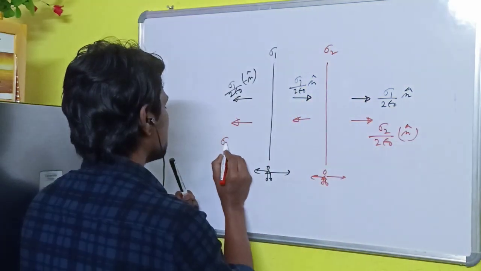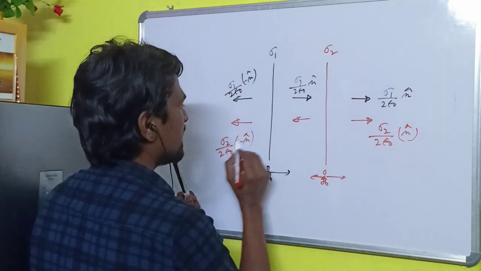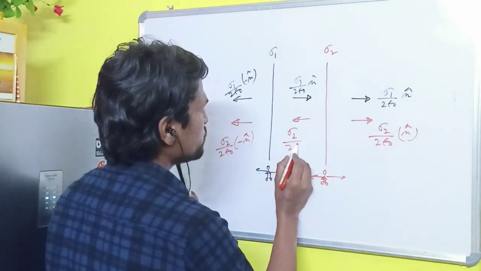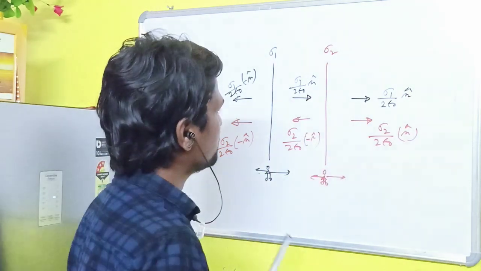For the other charge, this is sigma 2 by 2 epsilon naught along n cap, this is sigma 2 by 2 epsilon naught along minus n cap, and this is sigma 2 by 2 epsilon naught, also along minus n cap.